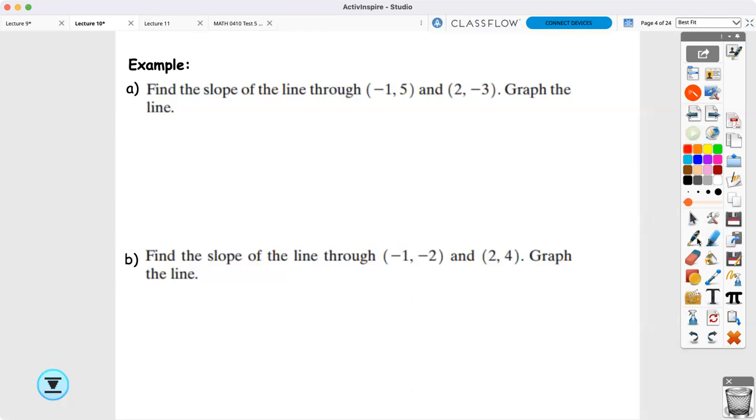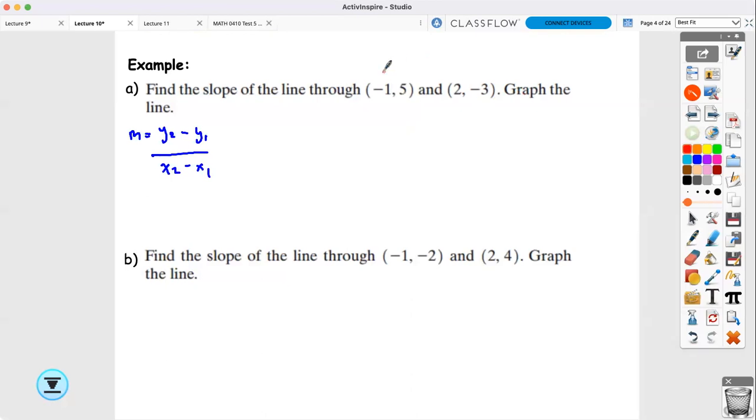So to find the slope, we have to utilize that equation that was given to us earlier in the lecture. The m equals y2 minus y1 over x2 minus x1. So to utilize this formula, we gotta label our points here. I'm gonna go ahead and start with this first point being x1, y1.